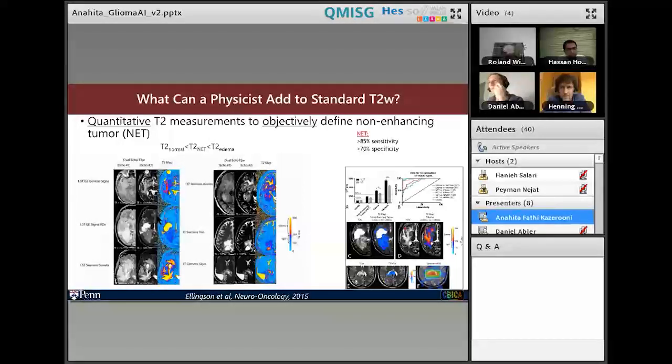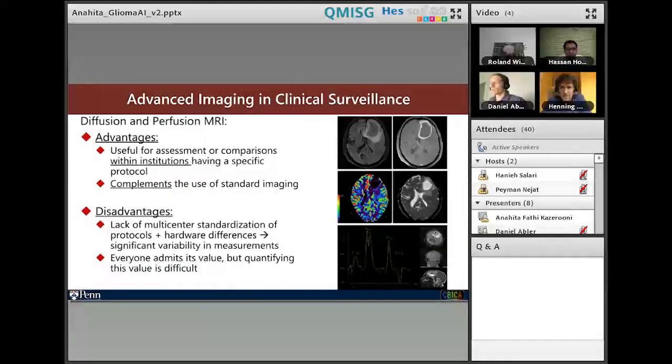It has been shown that non-enhancing tumor has a T2 value between normal tissue and edema. T2 relaxometry can quantify non-enhancing tumor with 85% sensitivity and 70% specificity. And this is a study that shows that the non-enhancing tumor quantified on the T2 maps can be confirmed with MR spectroscopy imaging as well.